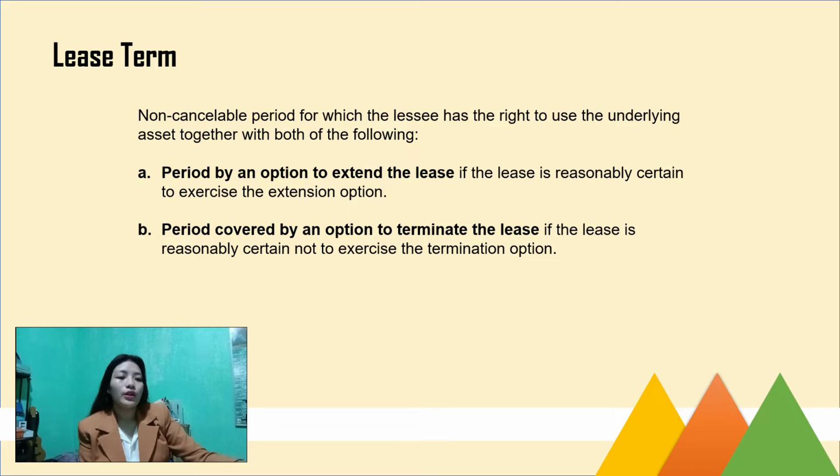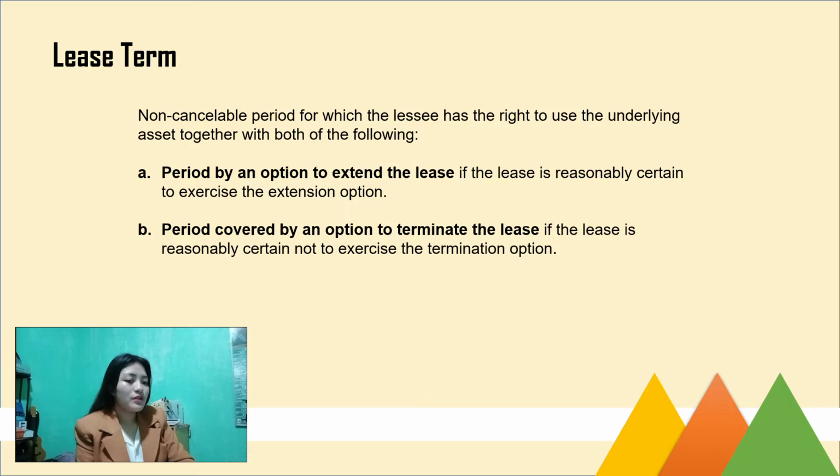So ito, yung dalawang kasama pa sa lease term. First is period by an option to extend the lease if the lessee is reasonably certain to exercise the extension option. So kapag sigurado yung lessee na exercise niya yung isang extension option, then yung period by an option to extend the lease ay kasama din sa lease term.